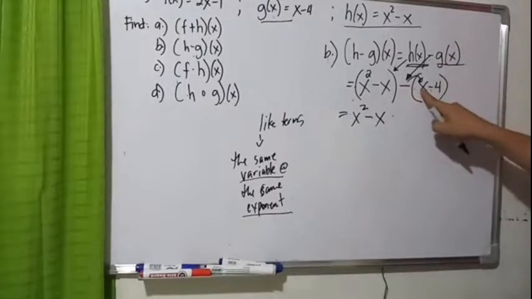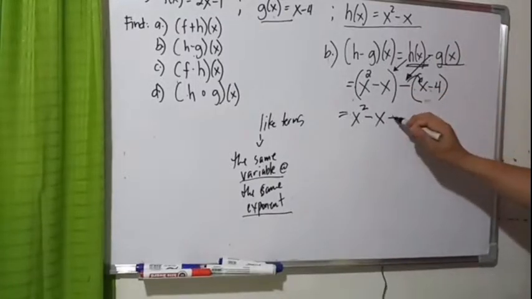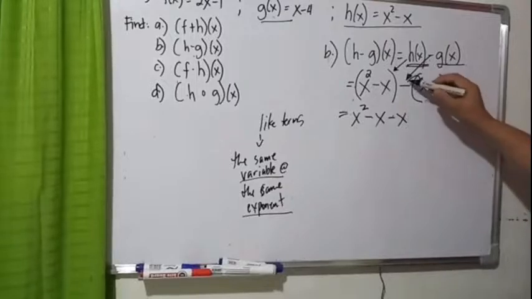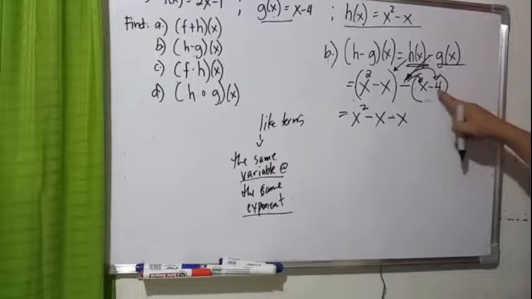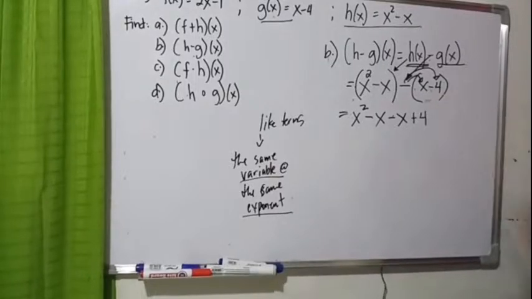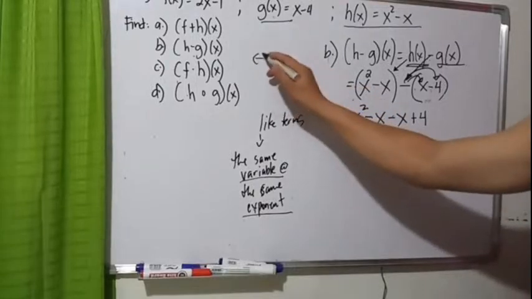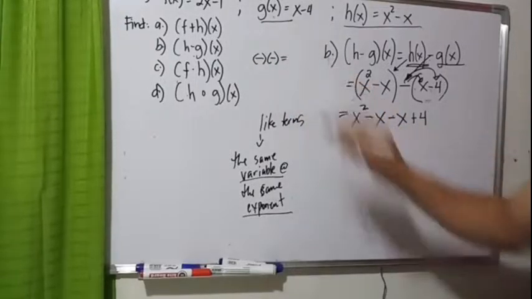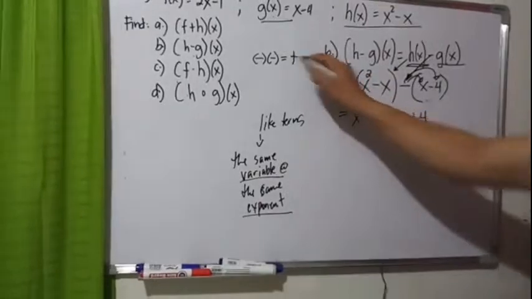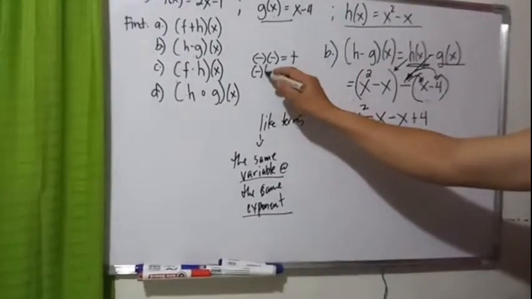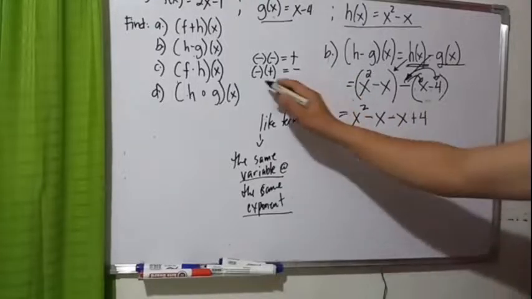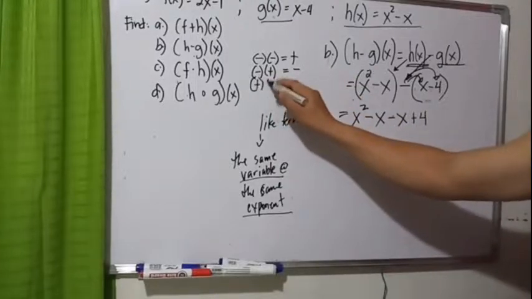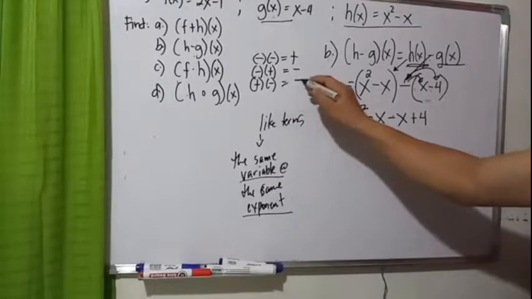So negative times x, that is negative x. The negative times negative 4, that is positive 4. Tandaan yung operations ng sign natin. Pag negative times negative, the result is positive. Negative times positive equals negative. Positive times negative equals negative.